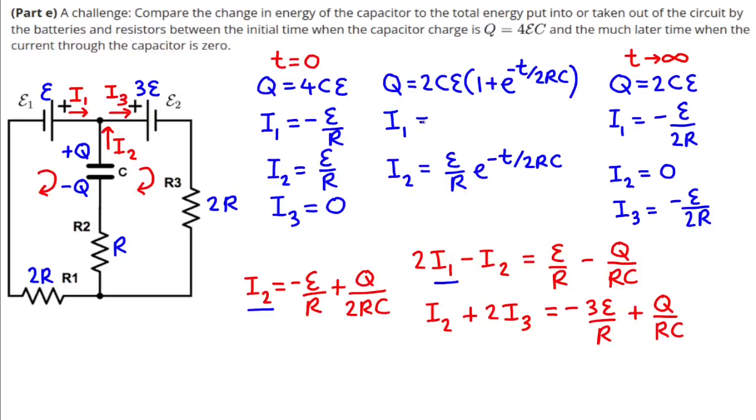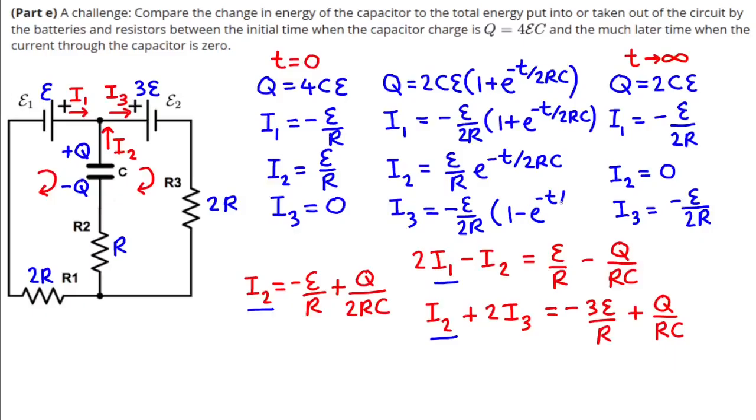So what we'll get is minus epsilon on 2R by 1 plus e to the minus t on 2RC. And similarly, substituting I2 in this equation gives the current in the third branch. So what we get is I3 is minus epsilon on 2R by 1 minus e to the minus t on 2RC.